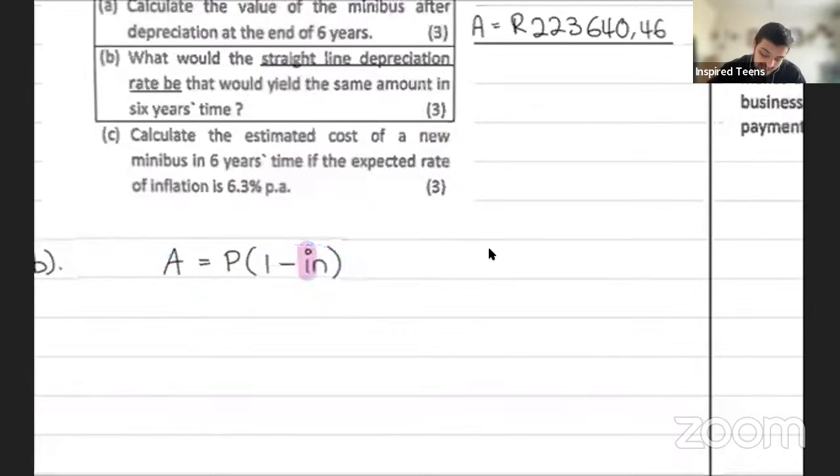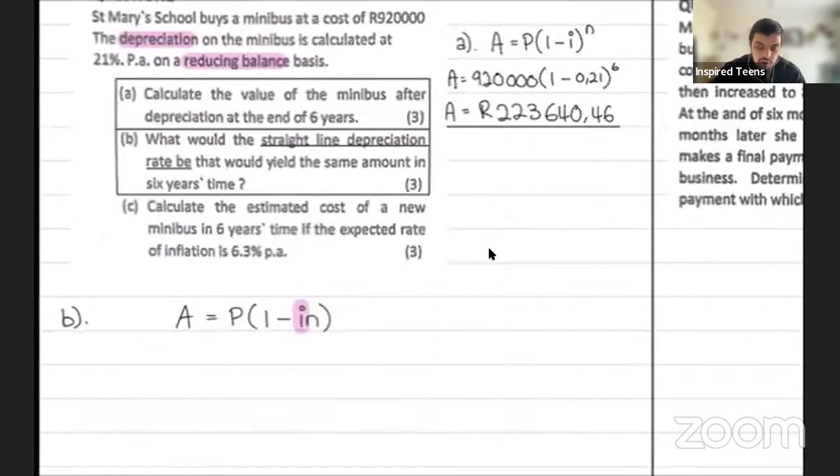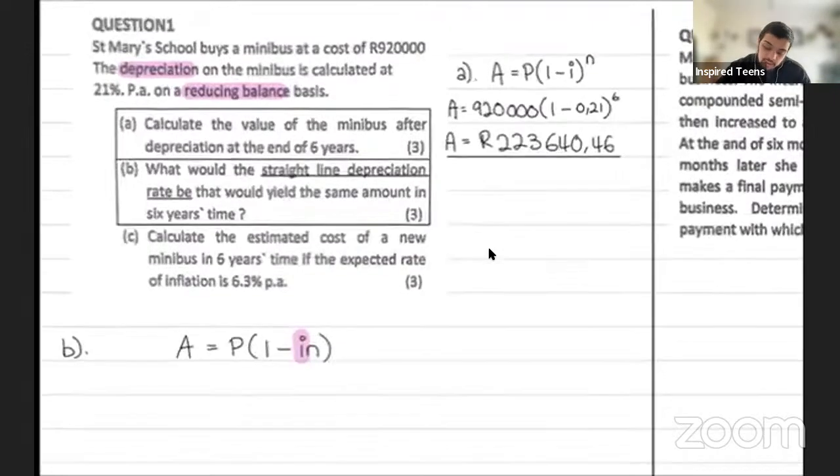So what is A? A is after it depreciates. They want us to calculate the percentage where this amount, 920,000, would depreciate to the same value that it depreciated to with the compound interest.